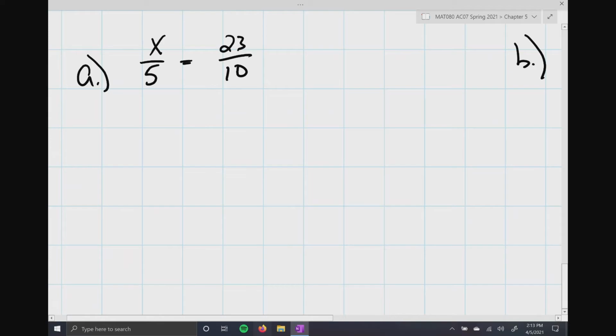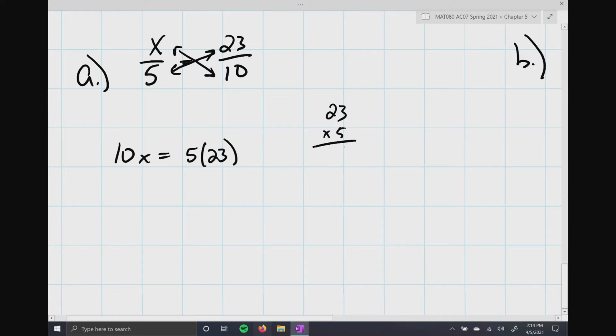So we have a proportion. x over 5 equals 23 over 10. We're going to cross multiply. So we get 10x equals 5 times 23. You actually got to figure out what 5 times 23 is. So that's going to be 15, carry the 1, 115.